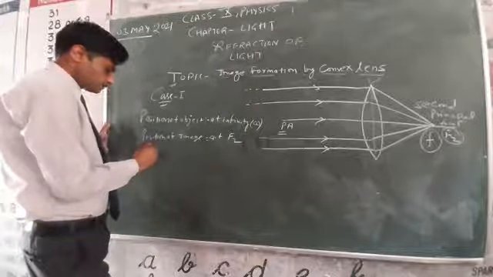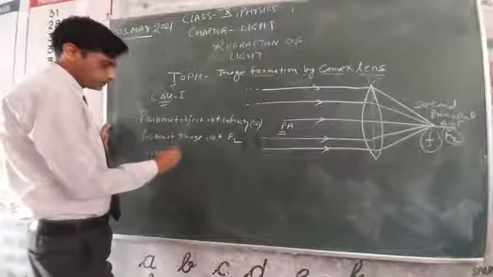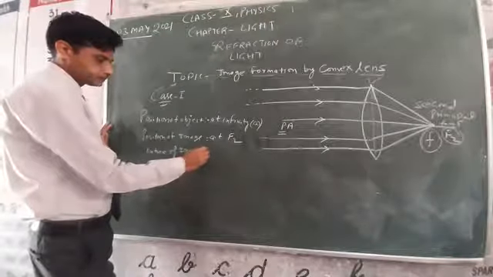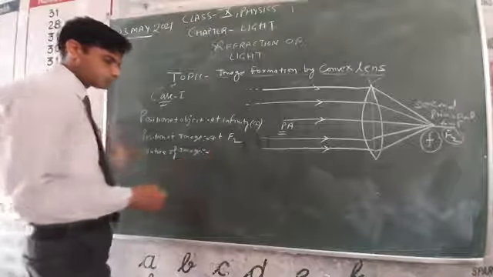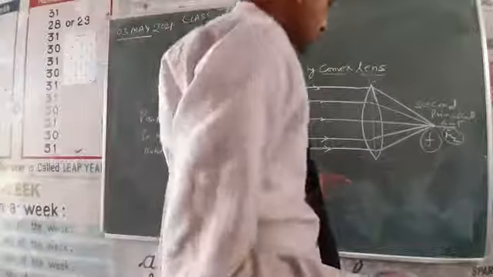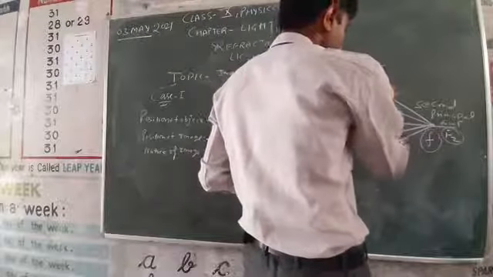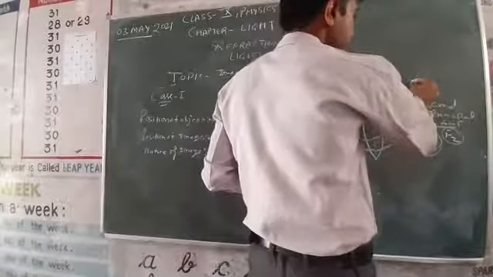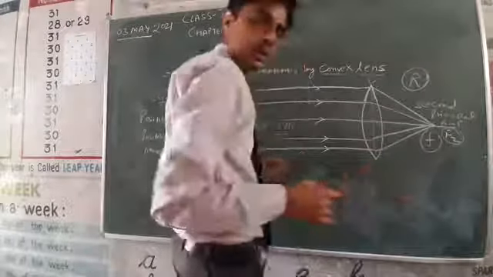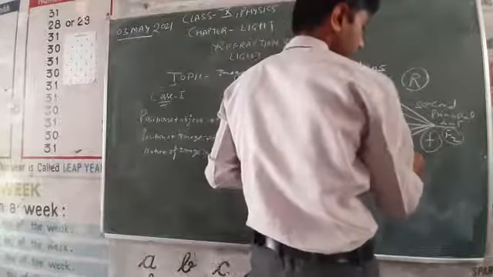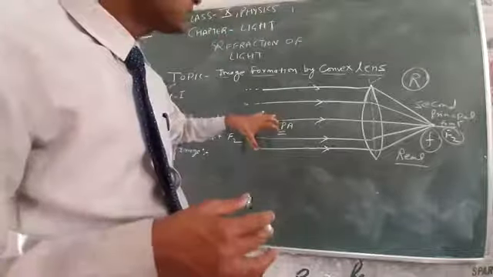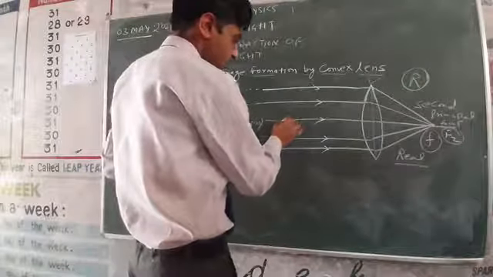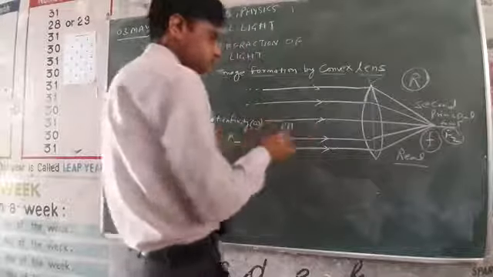What is the nature of the image? Nature of image, you have to know that if the image is placed on the right side in case of a lens, then it will be real, and if the image is placed on the same side where your object is placed, this is known as virtual.